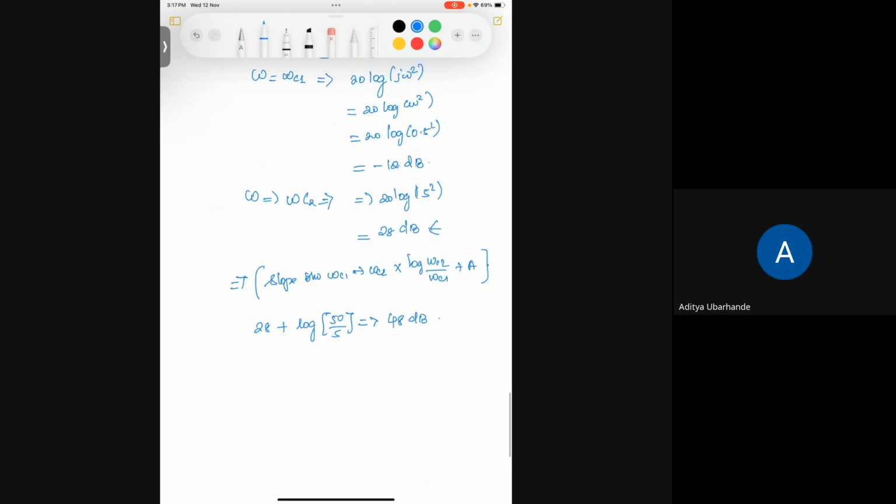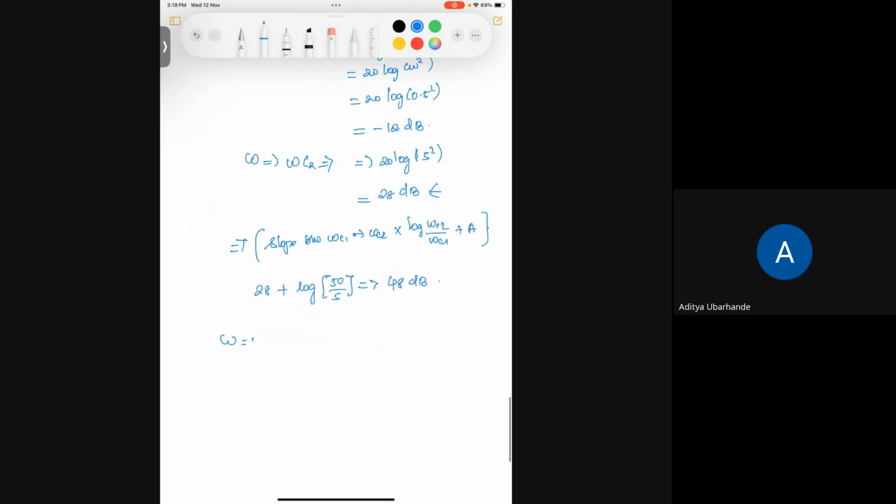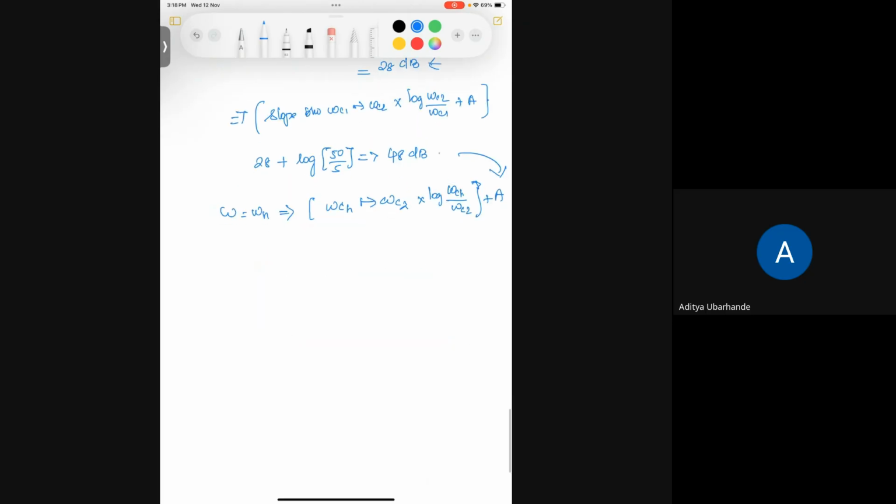Again, at high frequency, we have to calculate, right? Omega equal to omega CH. Following the same thing, I want to find the slope between omega CH and omega C2 into log of omega CH by omega C2, plus the old magnitude we calculated from the previous steps. So that would be 48 plus, so we are adding the slopes together, that's it.